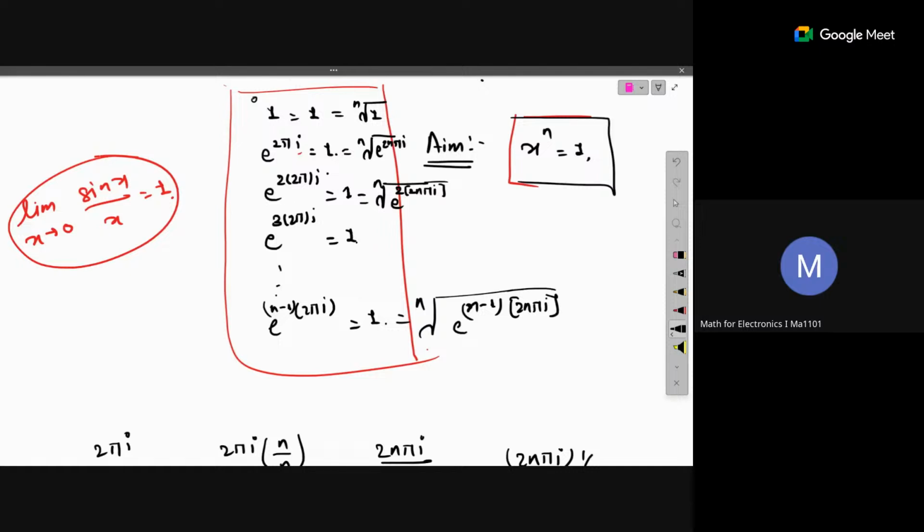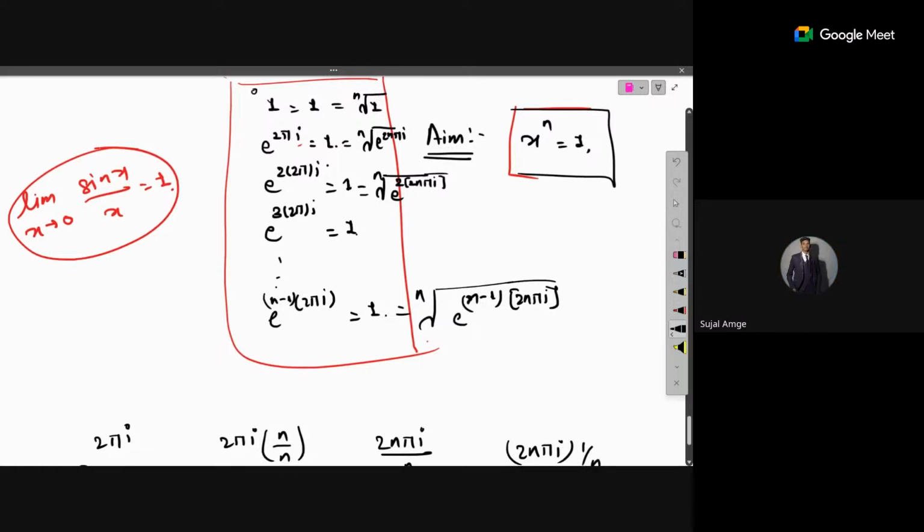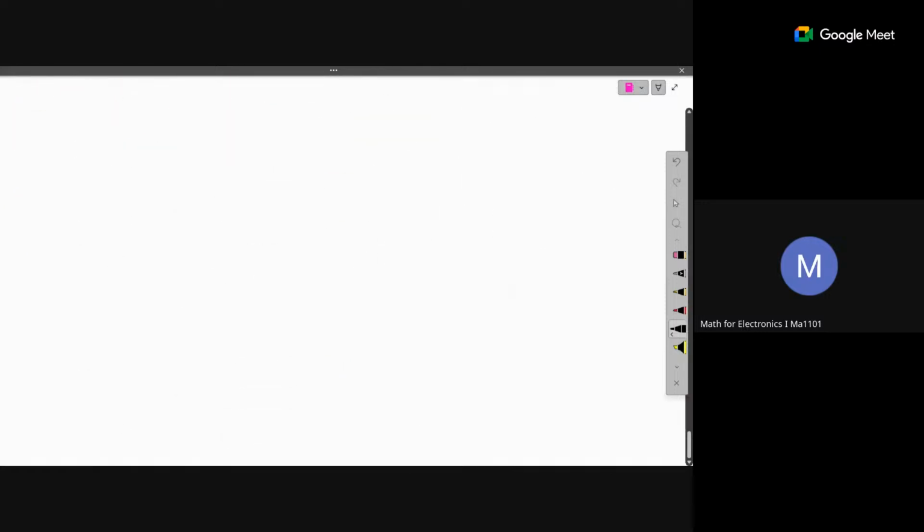Ma'am, 2 n pi iota is wrong. Yes, this is wrong. Only 2 pi iota I'll take. So this is 2 times 2 pi iota, and this is the same as e to the power n minus 1 times 2 pi iota.